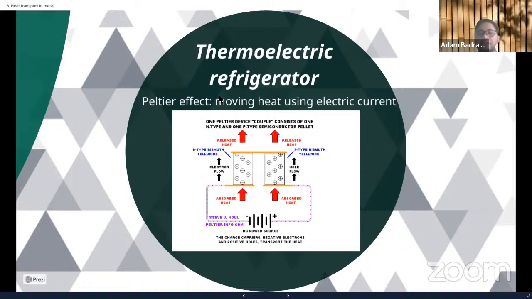So it can be used for a refrigerator. If you absorb heat from this area, that means you are cooling this area. So from this point of view, it is a refrigerator. But on the other side, you can throw heat there. You can also make something like thermoelectric cooking, something like that.